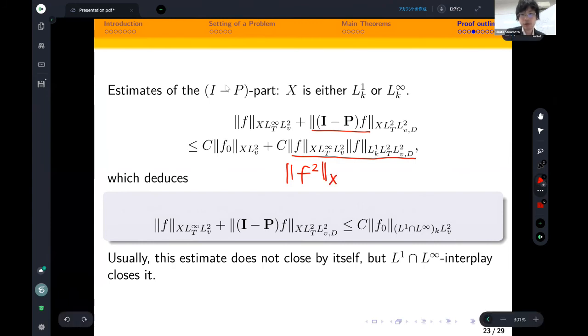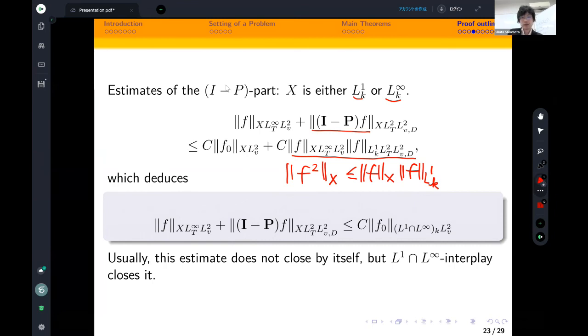Taking the X norm means that we take the Fourier norm, or sorry, capital X is here either L1k or L infinity k. So L1 or L infinity on the Fourier side. So if we take the Fourier transform of f squared, then it should be a convolution. And so we have an estimate like this. This is the structure for the nonlinear part. Maybe we need some constant, although, well, that's another point.